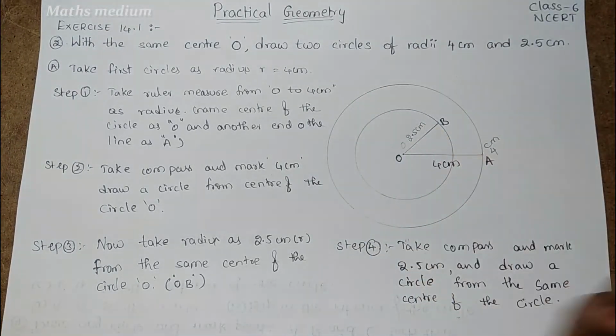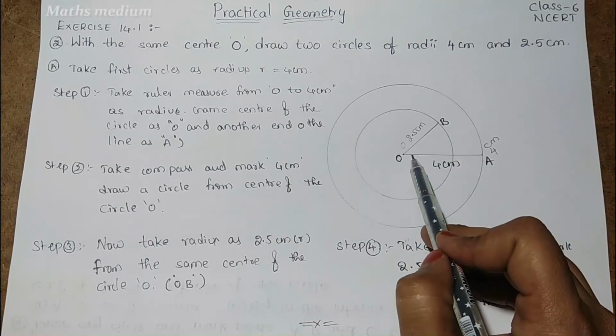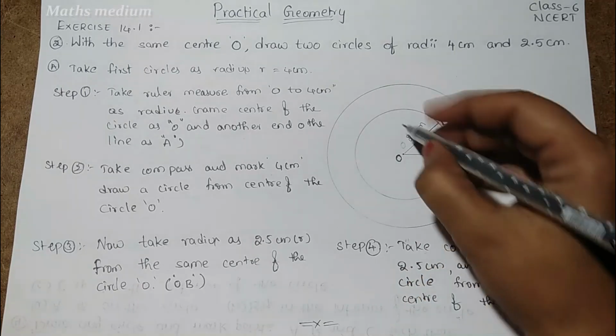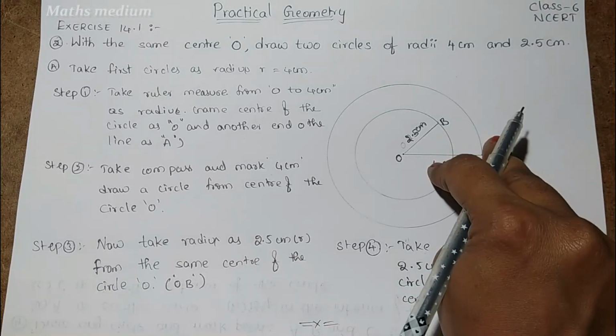See, this is also completed. Therefore, here we have constructed, with the same center, two circles with radii 4 centimeters and 2.5 centimeters. We have constructed two circles.